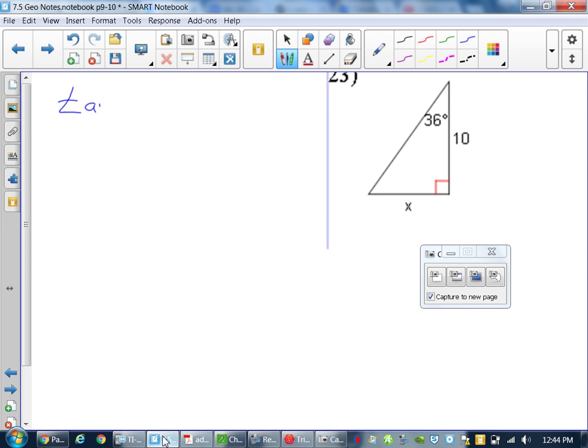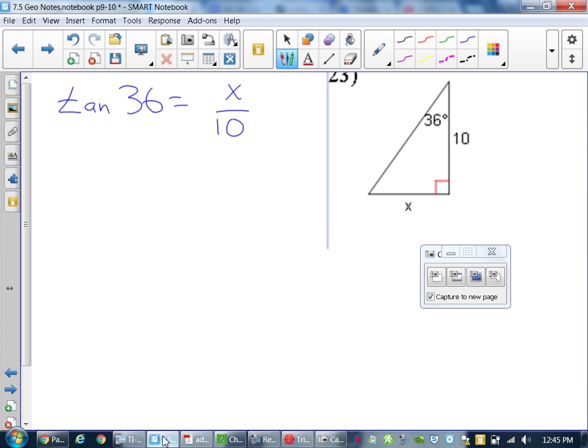So it was tangent of 36 is x over 10. That's what you guys had, correct? Yes.